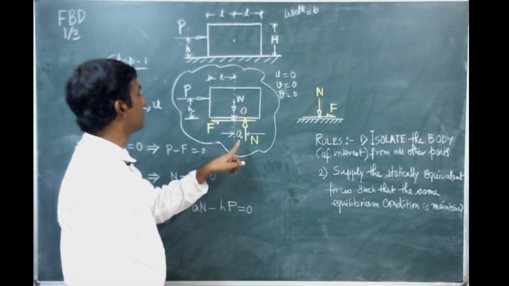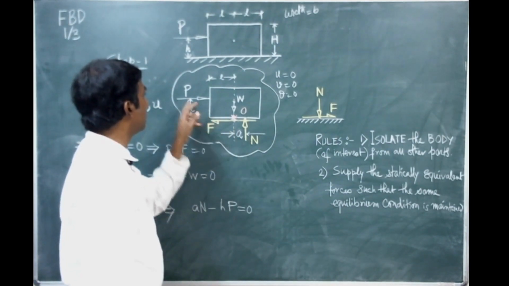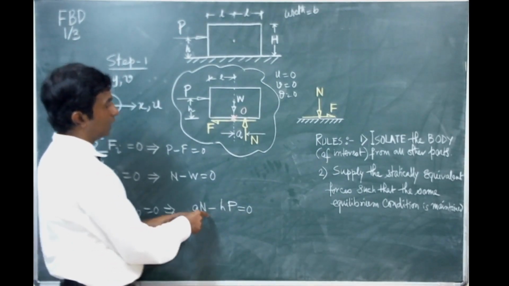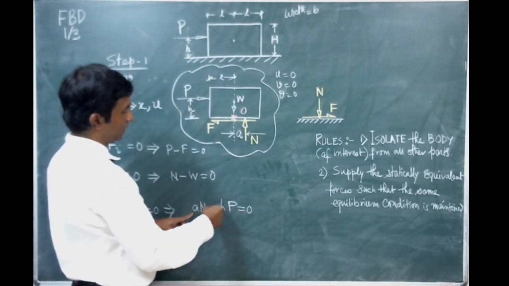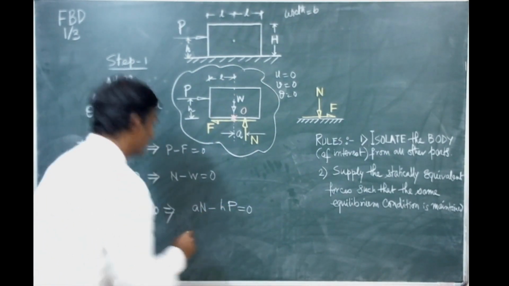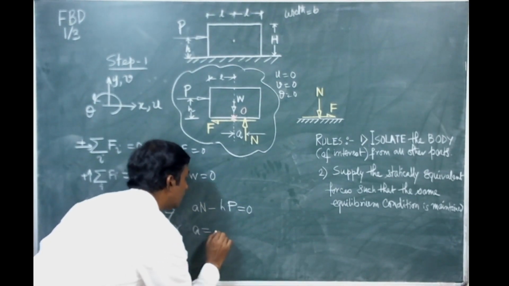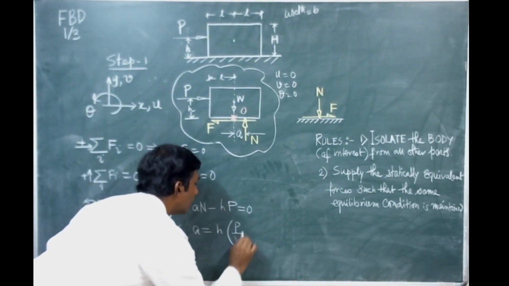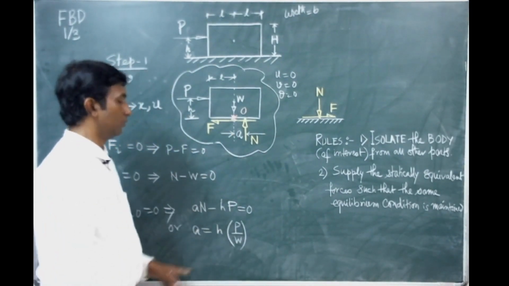The effects come only from N and P. So A times N, the moment generated by N, and H times P must balance each other. So you get this distance.